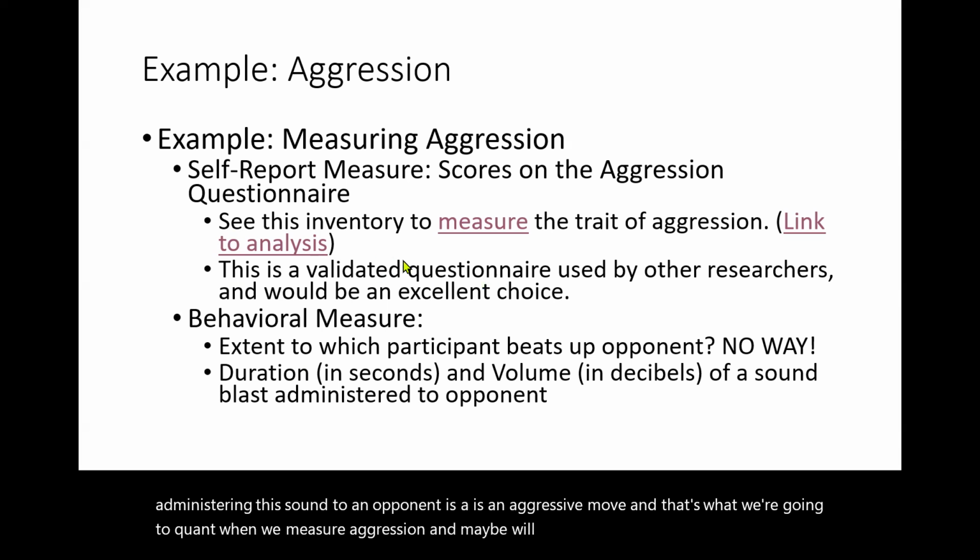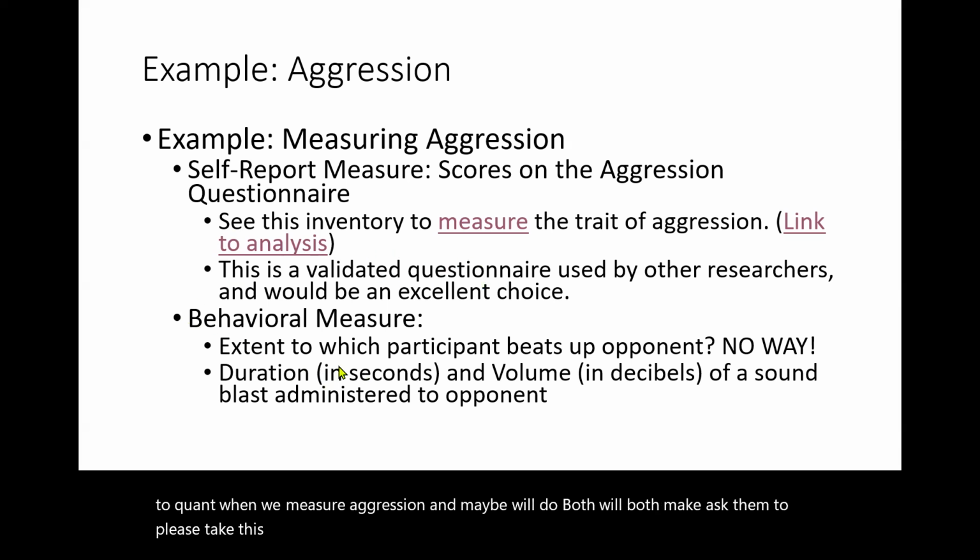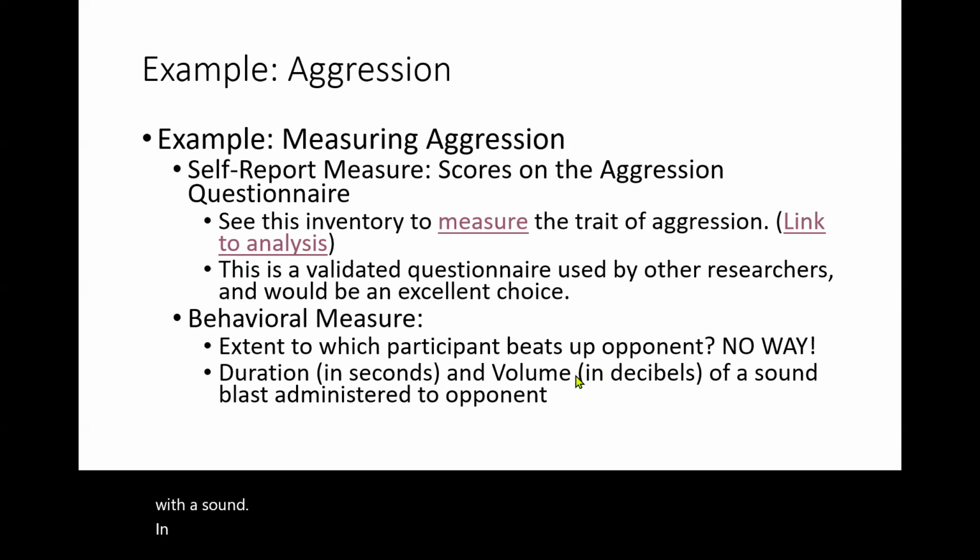We'll ask them to take this inventory, and we'll give them an opportunity to blast their opponent with a sound in seconds and at a certain volume, but there won't really be an opponent there who's getting hurt. Ostensibly, we'll give them the chance to actually take that aggressive action, assuring that no one will be hurt.